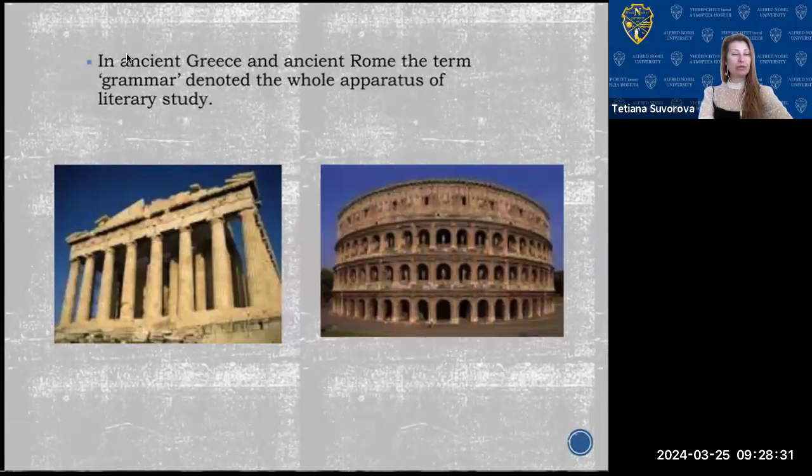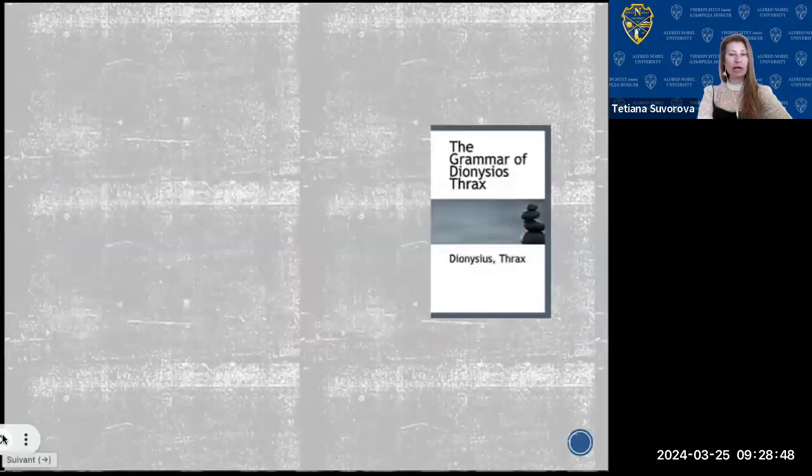And here, during that period of ancient Greece and ancient Rome, we speak about the application of the term itself, which denoted the whole apparatus of literary study, of course not yet the language. So we speak about rhetorics, about the formulas that are recommended to be used, and they were described. So these were the first steps to theoretical grammar.